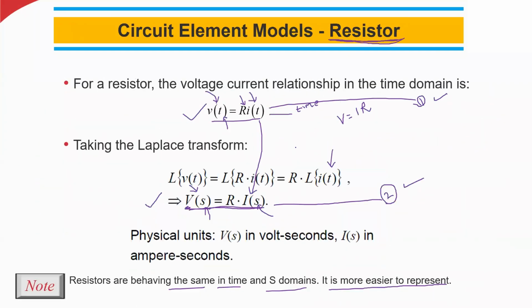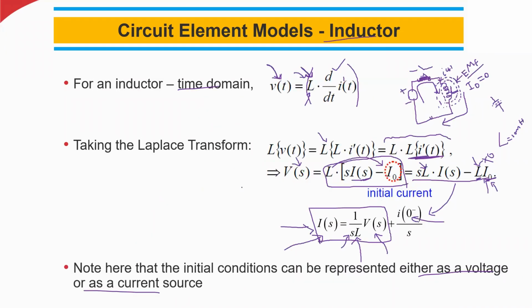This is the resistor. So v(t) is equal to R times i(t). This is the voltage across the resistor, the current across the resistor, and this is the resistance value. In the S domain, we can represent V(s) is equal to R times capital I(s). It's almost the same. In the inductor, v(t) is equal to L times d/dt of i(t).